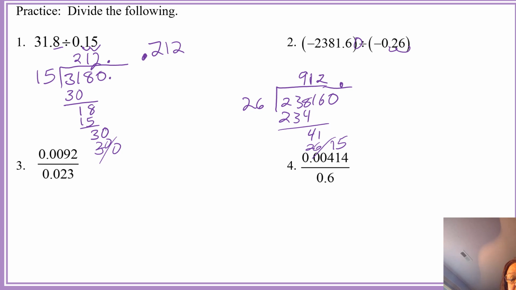Okay, let's get rid of the 6. That was where my 6 came from. All right, now 156. 26 goes into that 6 times, which is 156. So my answer is 9.126.